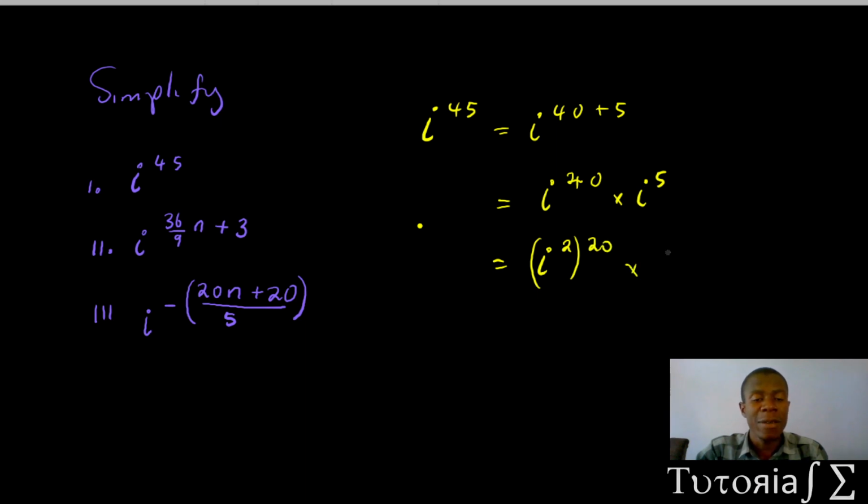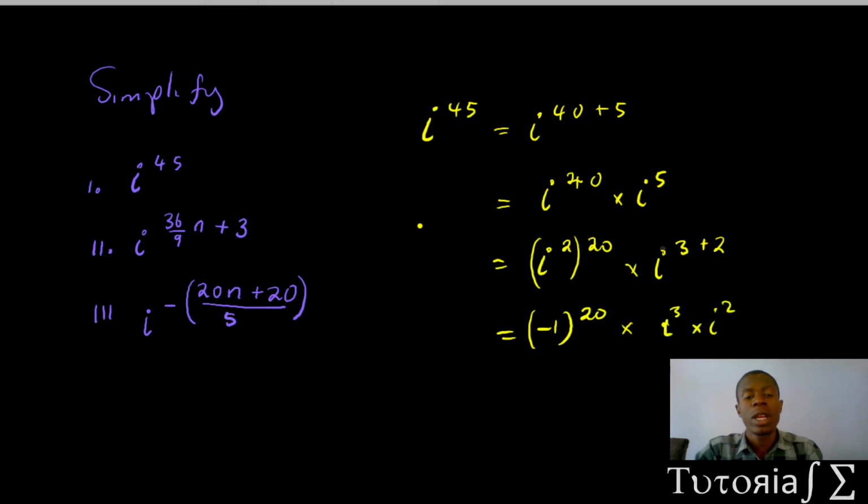Then i to the power 5 can be written as i to the power 3 times i to the power 2, since the powers are adding to make up 5. So this is (-1) to the power 20 times i to the power 3 times i to the power 2.